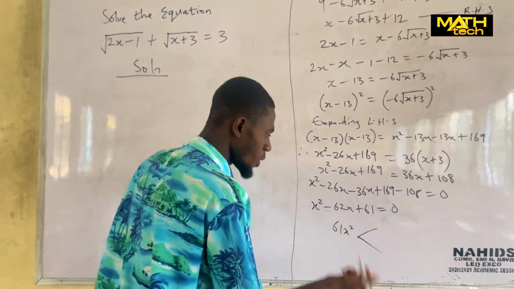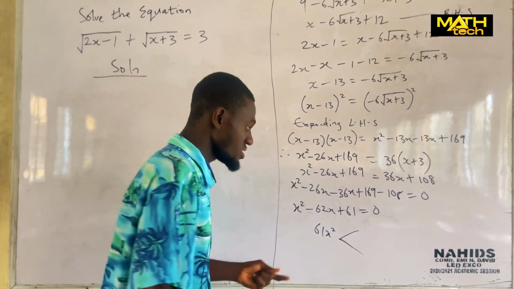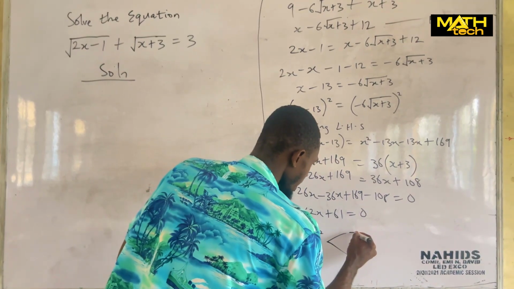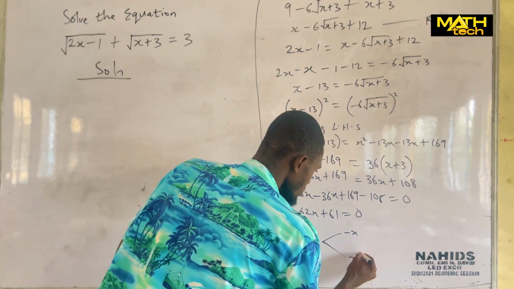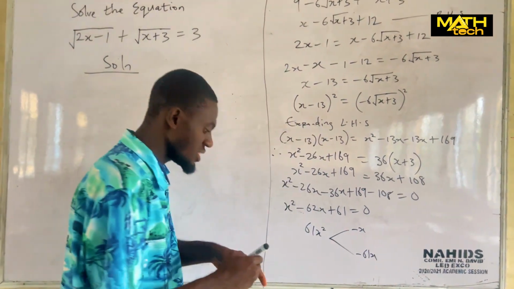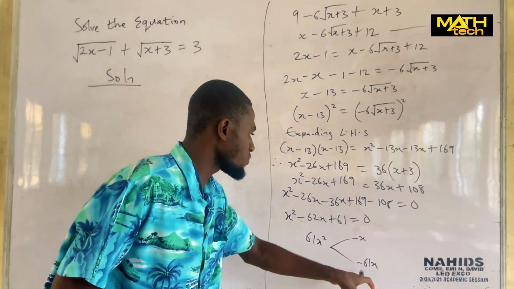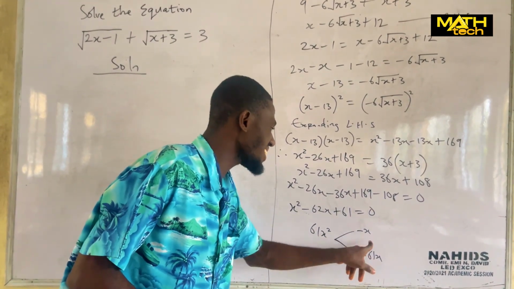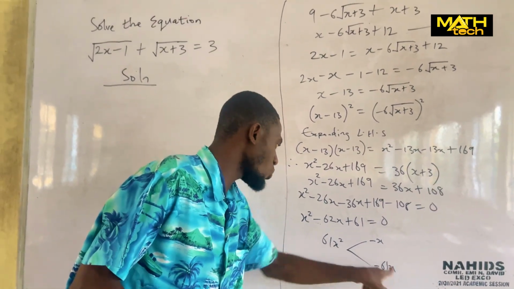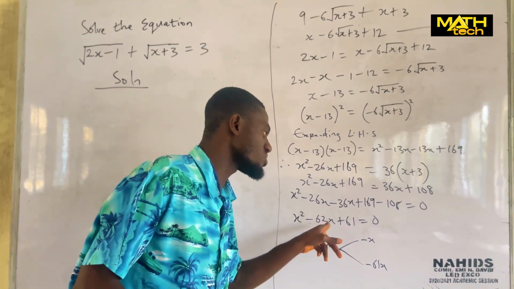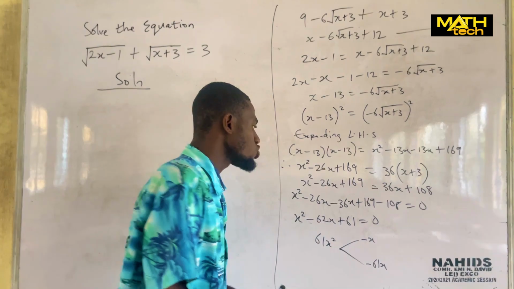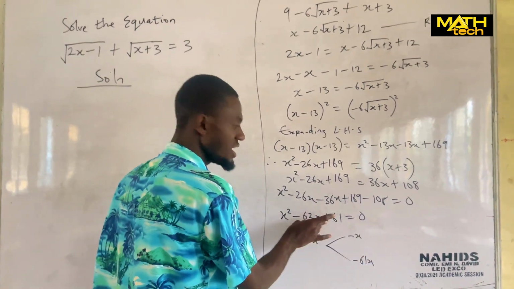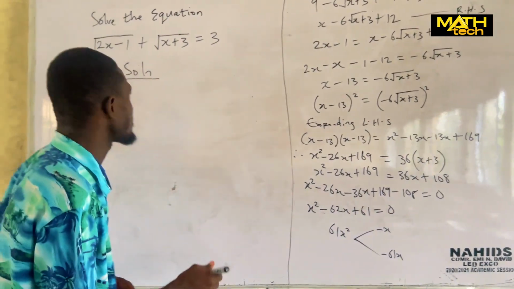So what are those values? Minus x and minus 61x. Now we see that minus x times minus 61x will give us plus 61x squared, and minus x plus minus 61x will give us what? Minus 62x.